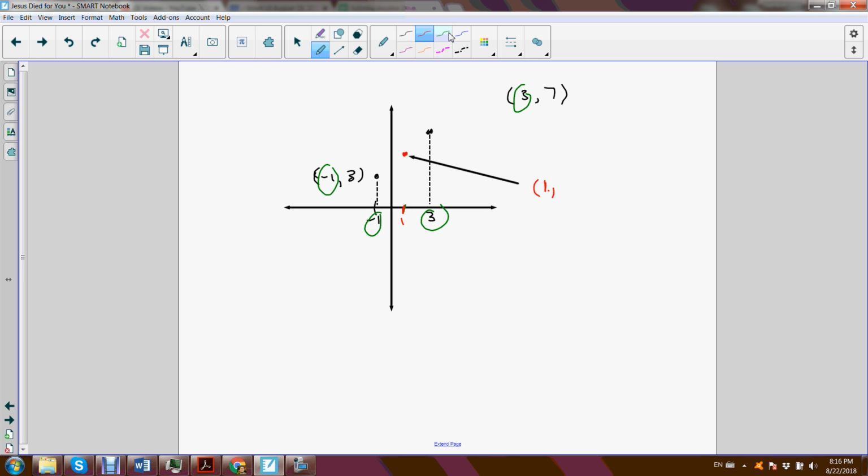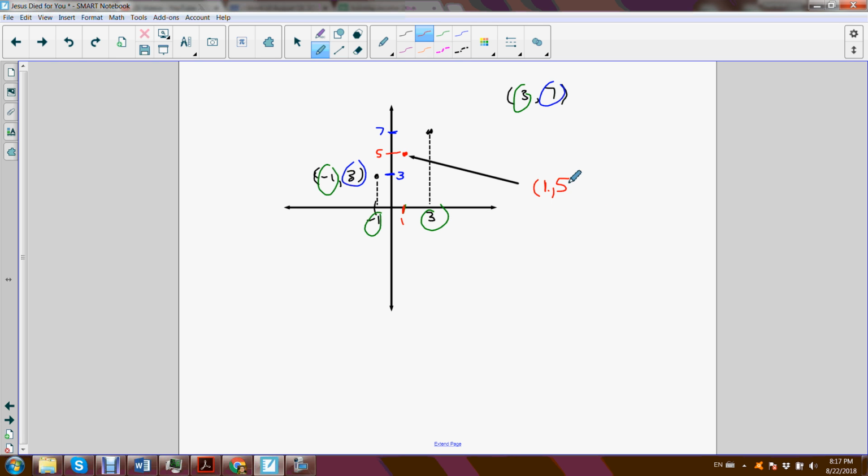And the y coordinates, here we have a 3, and here we have a 7. What's halfway between 7 and 3? It's 5. Because the total distance between 3 and 7 is 4. Cut that distance in half, and you've got 2 going in each direction from the midpoint. 2 up from 3, or 2 down from 7.